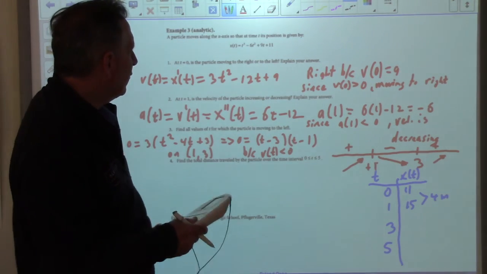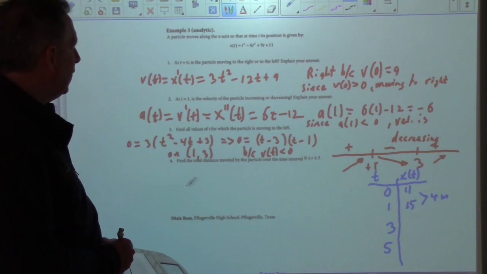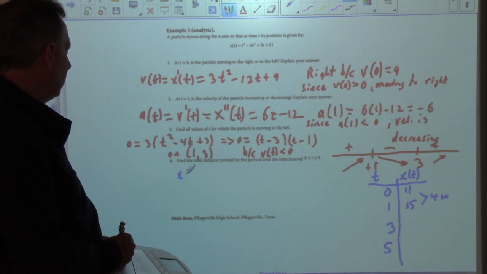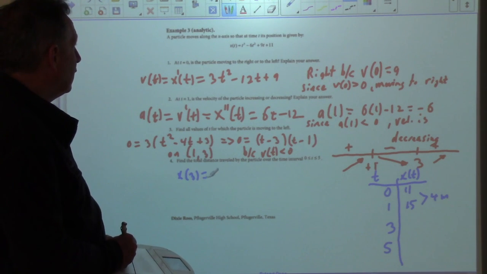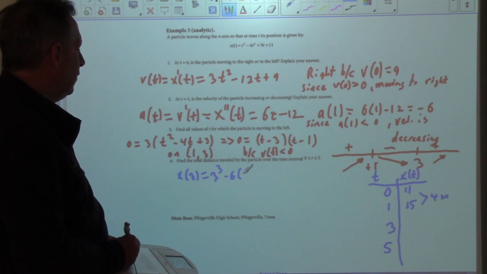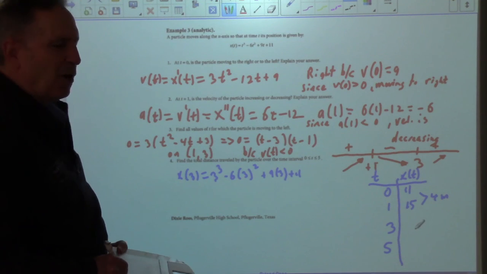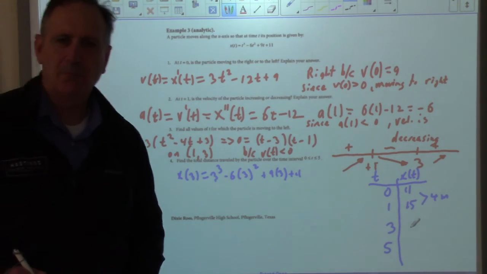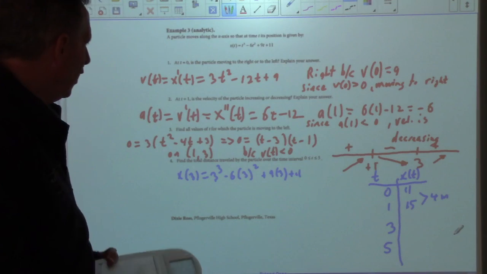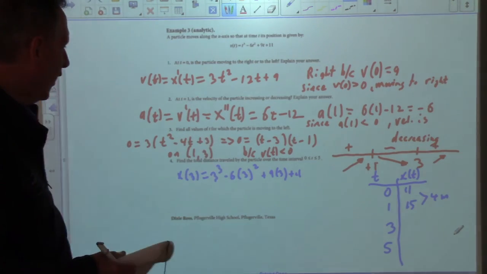And then we plug in 3, okay, x of 3 is equal to 3 cubed minus 6 times 3 squared plus 9 times 3 plus 11. Now, should we see a bigger number than 15 or a smaller number than 15? Smaller, because we should be moving to the left.